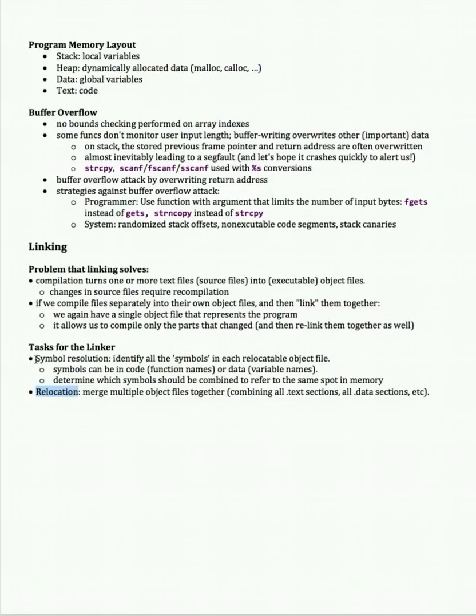Symbol resolution was to identify all the symbols in each relocatable object file, where the symbols can be code, for example, function names, or data, like variables, right? In other words, symbol resolution is determining which symbols should be combined to refer to the same spot in the memory. Simply put, it wants to match each of the symbols with one definition.